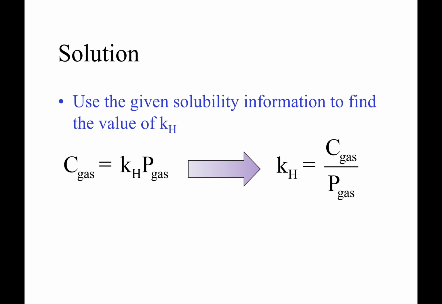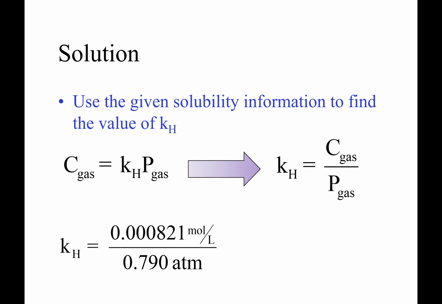So if we rearrange Henry's law, Henry's law constant will simply be the solubility of the gas divided by the partial pressure of the gas above it.